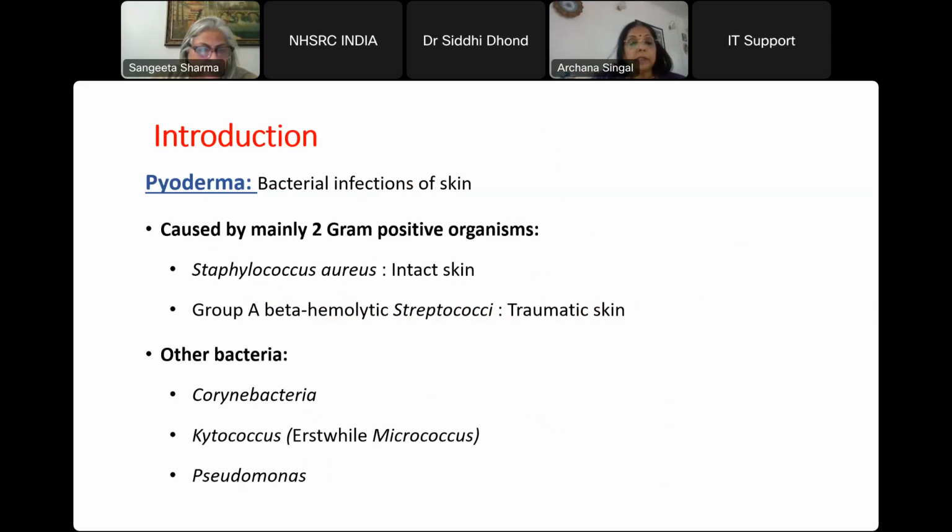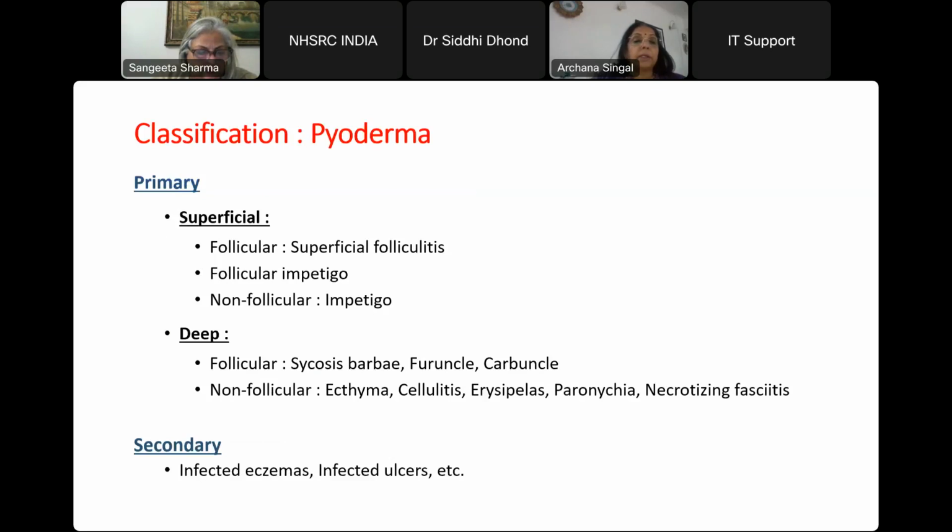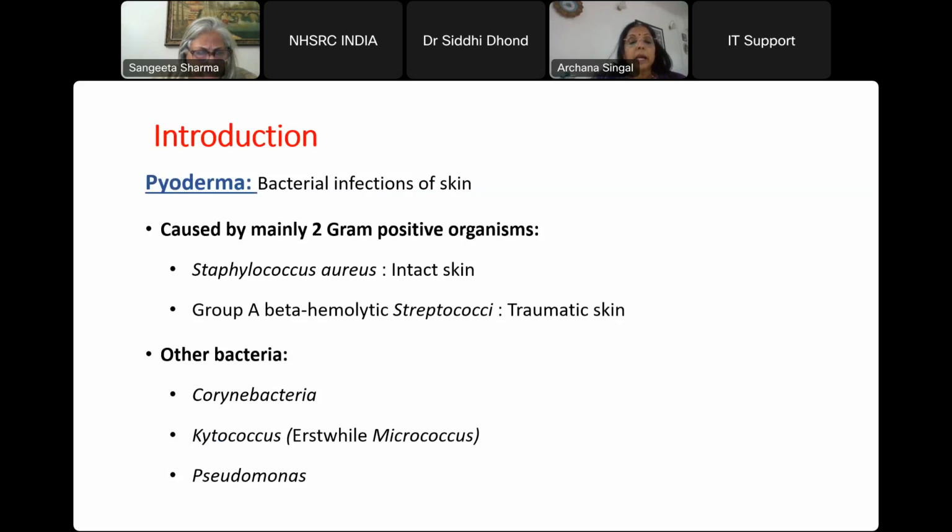Then there are other bacteria like Pseudomonas and Corynebacteria. And gram-negative bacteria are very difficult to treat.